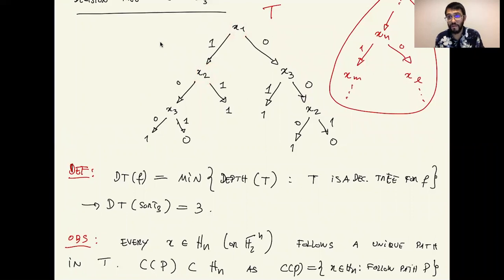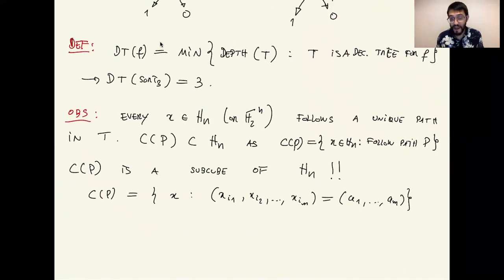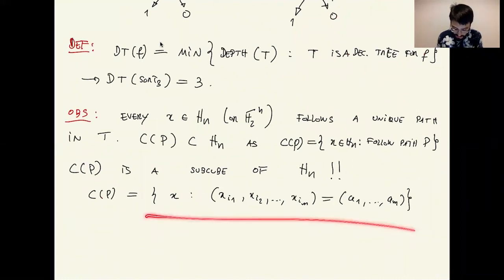Those that appear in the path are fixed, but the ones that don't appear can be anything. So the C_P will certainly be a cube.